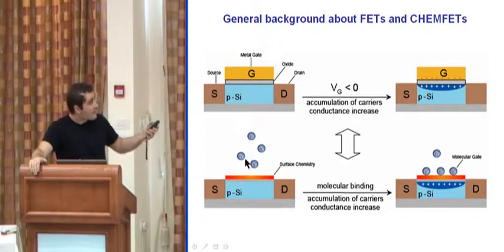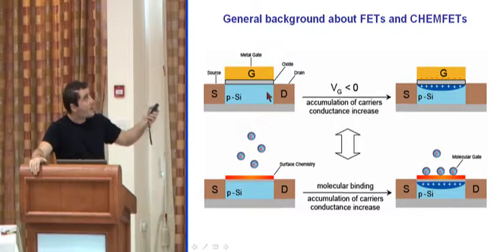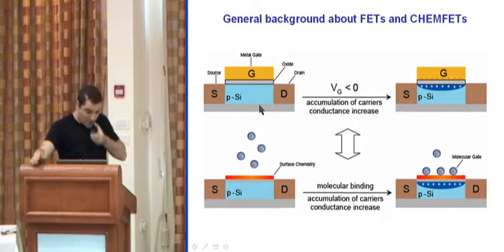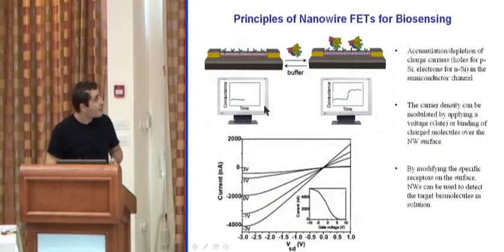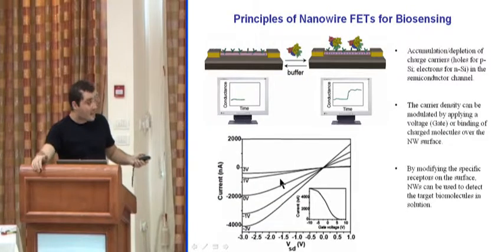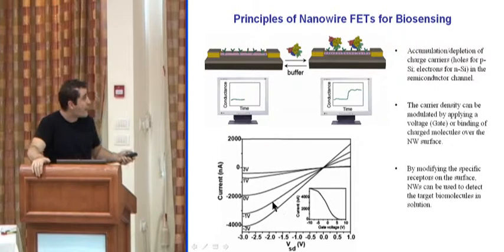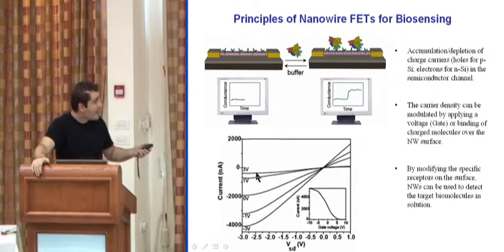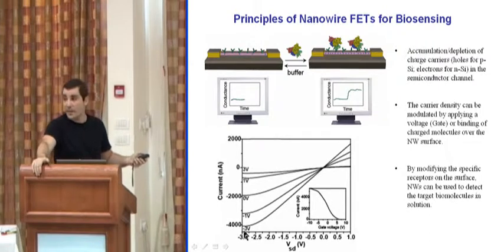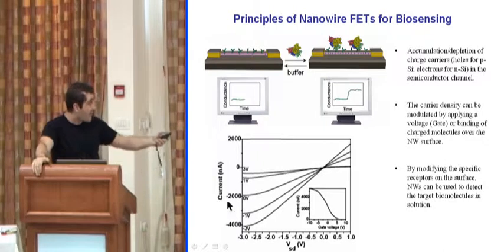And the intrinsic charges of the biological or chemical molecules will act as nano gating electrodes. So we can see here the electrical performance of a p-type device. Negative voltages cause an increase, in this case a negative increase, in the conductance of the device.